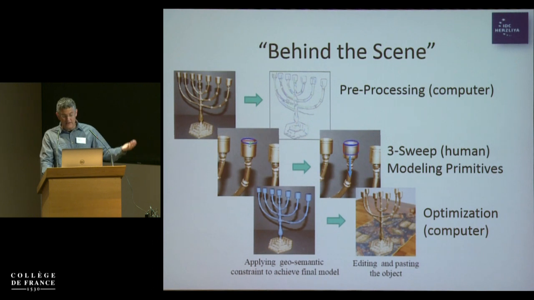Yet again, in the optimization stage, the computer turns almost-exact relations into exact relations, and these relations are preserved in the 3-dimensional model, and it helps you create more intelligent models that can then be changed and edited.